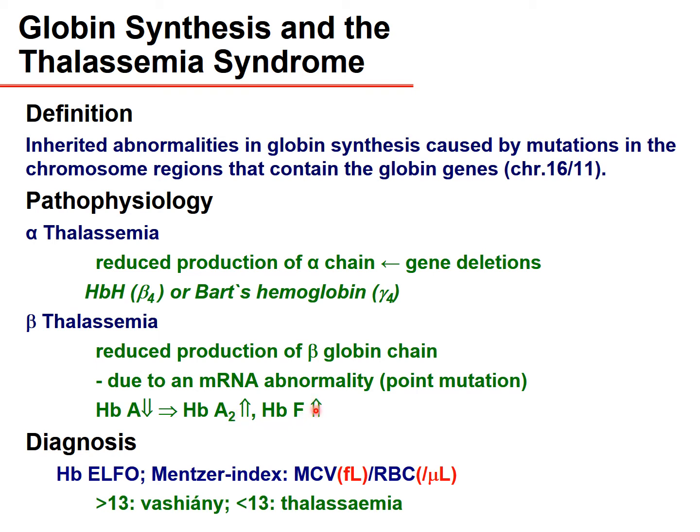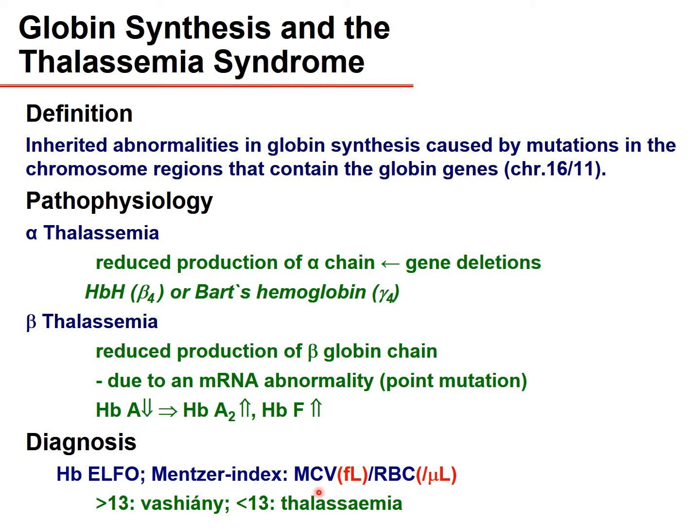Now, of course, in any case, these hemoglobins cannot absorb or release oxygen as the normal A-type hemoglobin does. This is why these patients usually suffer from hemolysis. Now, the diagnosis is usually made using hemoglobin electrophoresis, but we can also calculate, for example, the Mentzer index.